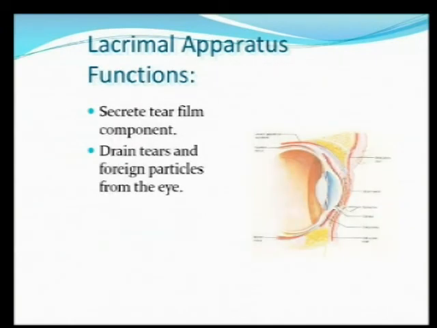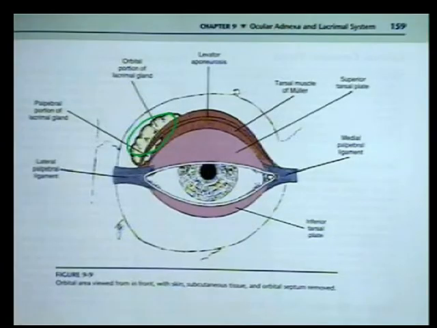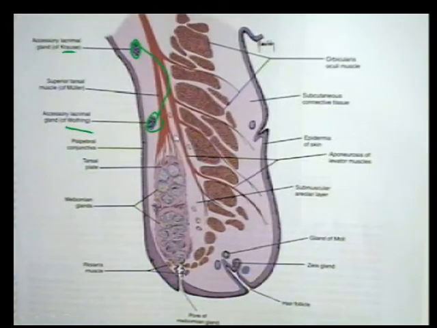All right, so here is the main lacrimal gland, up in the roof on the temporal side. Here's my cross section that shows the glands of Krauss and Wolfring, and these are spread throughout the lids, and they secrete, again, the watery part of your tears on a day in and day out basis.